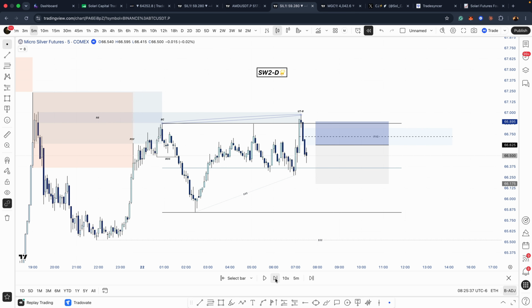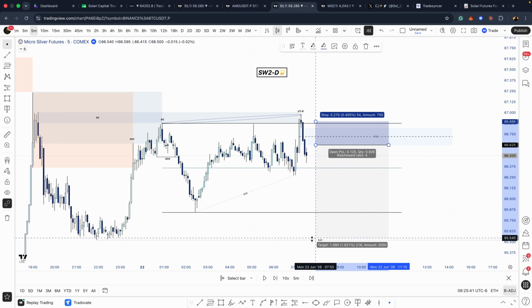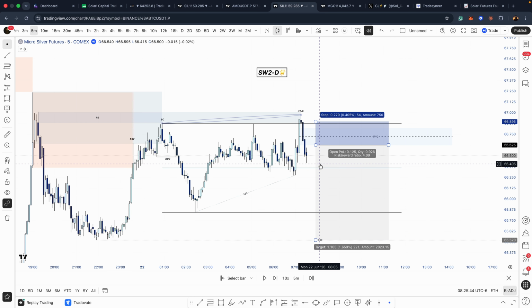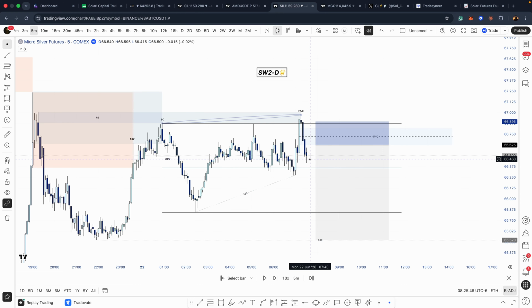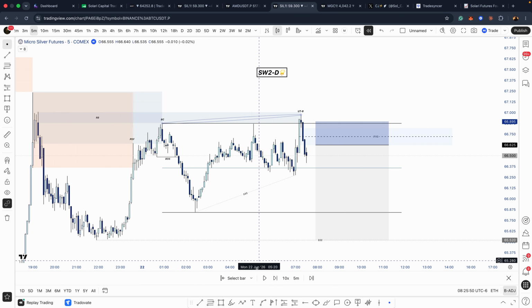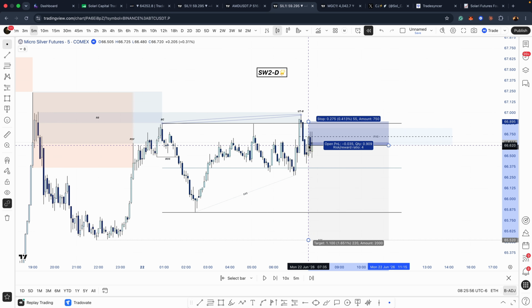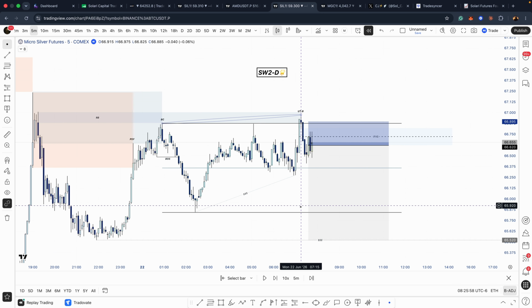So if we play out price, I'll play it for you on this 5-minute, where you could have just limited this. This is New York right here. So next candle right here on 7:30, this is the first candle of New York. Would have tagged you into the trade. You would have been tagged in, and you would have been along for the ride.